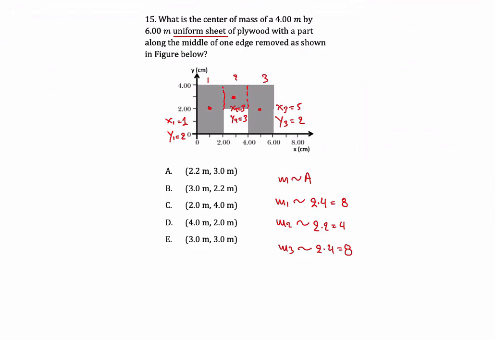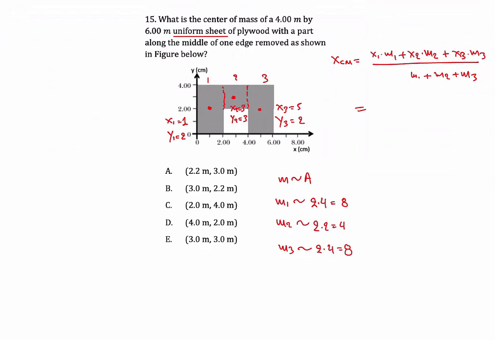And now that we have a clue about x1, x2, x3, and all the masses, we can say that the x of the center of mass is equal to x1 m1 plus x2 m2 plus x3 m3 divided by the total mass. Again, we don't know the masses, but we know that the masses are proportional to the area.